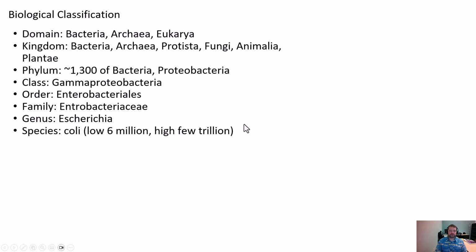That's really, really fast, but E. coli, we're talking hours. So there's speed, and the fact that most animals have way more than a single chromosome.